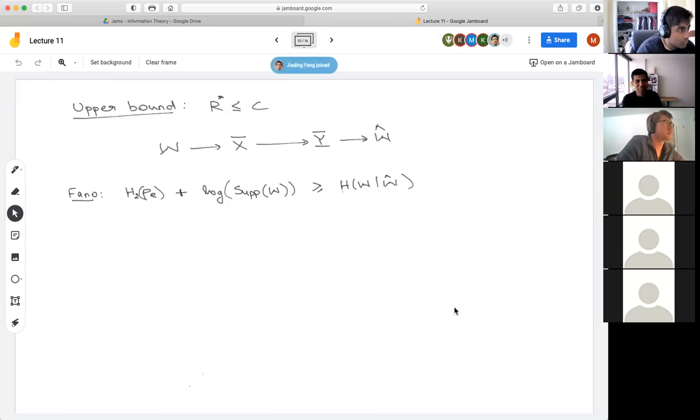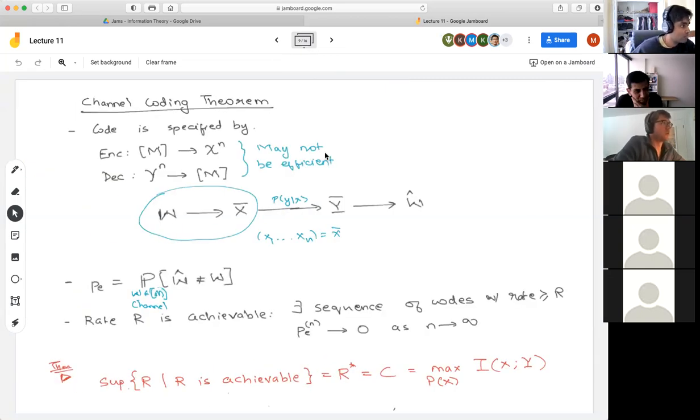Sorry, I guess I have a confusion. Why is the sequence upper bounding the rate? You mean why are we looking at the supremum of the achievable rates? No, that makes sense. But why, that it's achievable, would there be a sequence of codes with rate at least R? Oh no, I think I understand now.